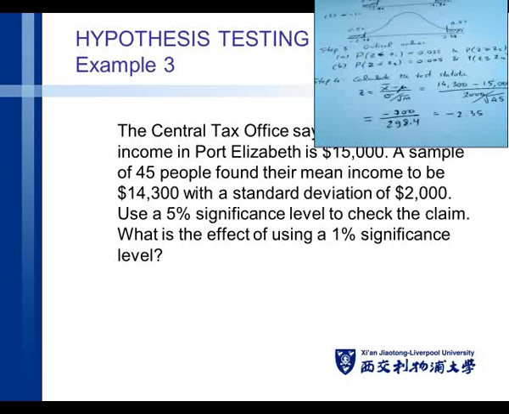Step 5 is compare this test statistic to the critical values that we had before.